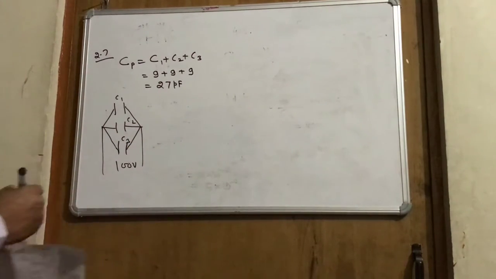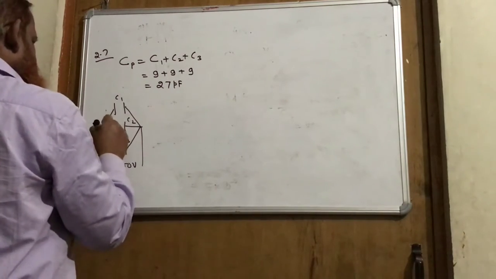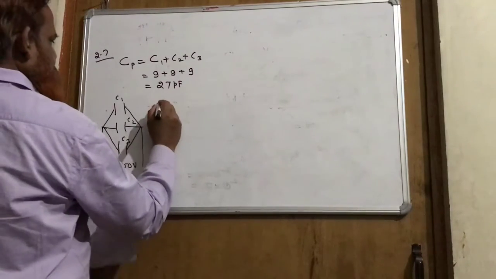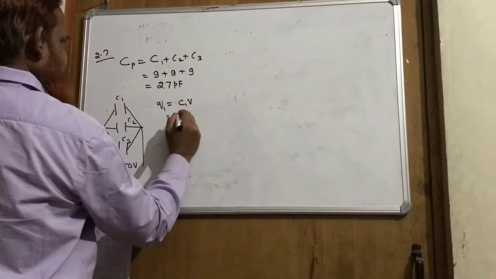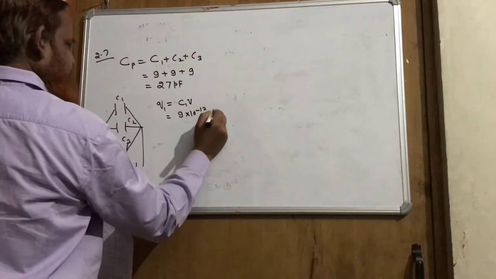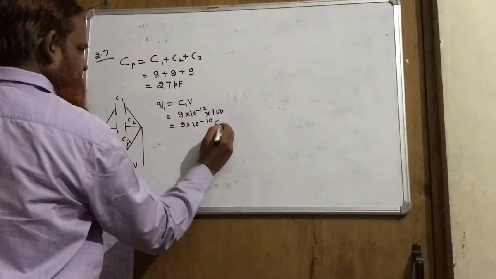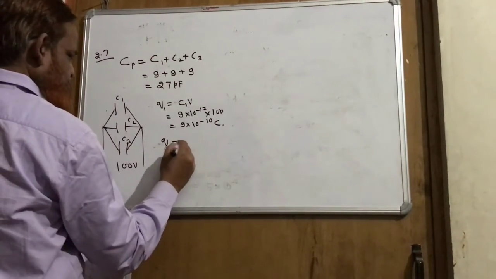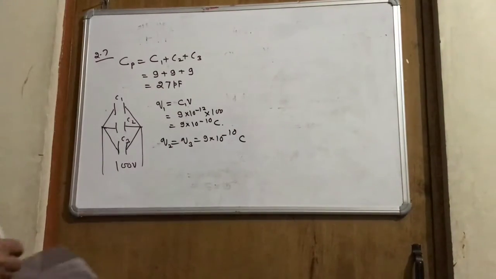We want to find the charge. The capacitance of each capacitor is the same. So the charge on the first capacitor is C1 V. C1 is 9 picofarad and voltage is 100. So it will be 9 into 10 to the minus 10 coulomb. Similarly, Q2 is equal to Q3, which is equal to 9 into 10 to the power minus 10 coulomb.